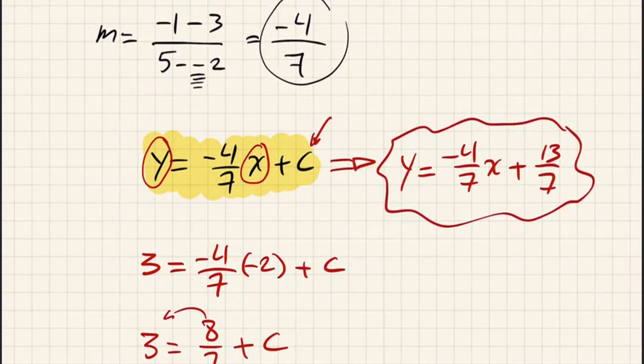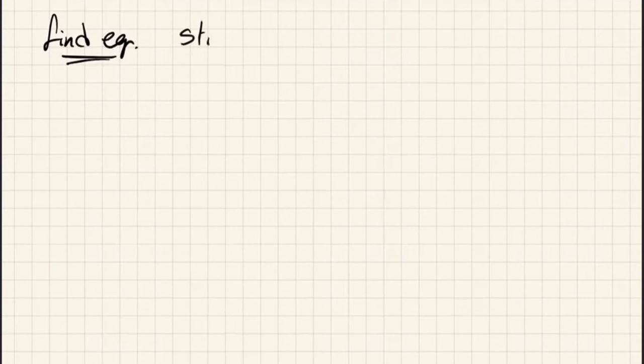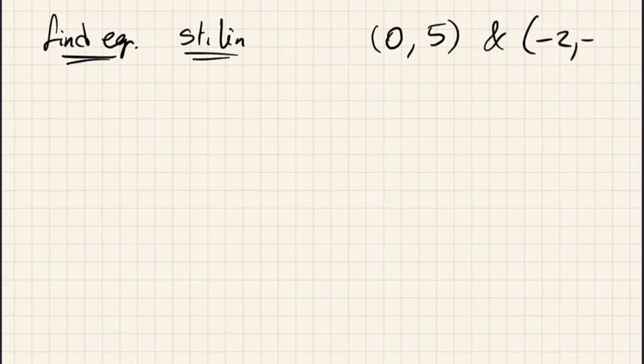Okay, type one more. If I have a line passing through these 2 points, find the equation also. Find the equation of a straight line passing through these 2 points, (0, 5) and (-2, -3).